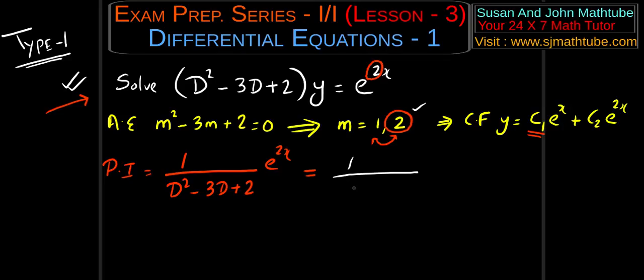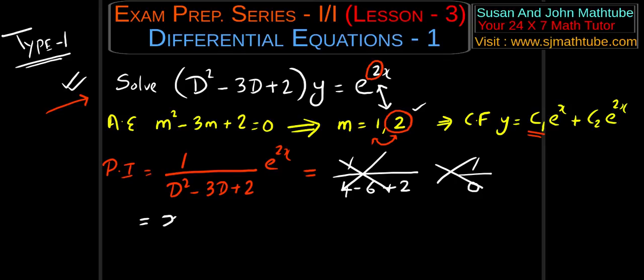Let's try. So 1 by 4 − 6 + 2. The denominator is going to vanish. You're going to get 1 by 0. That is why I told you these two things are same. Okay, anyway, whenever you get this, the method is different.